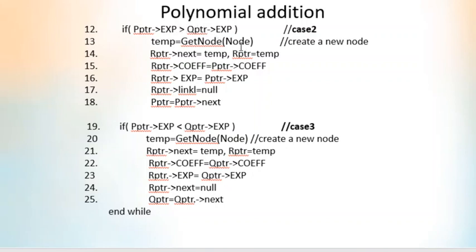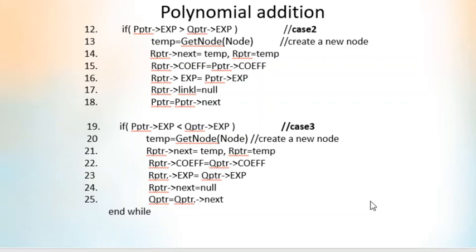In that case, create a new node. We have to just duplicate the p pointer's node and add it to the resultant linked list. The next case is if p pointer exponent is less than q pointer exponent. In that case, you can duplicate a node of q pointer and just add it to the resultant linked list, and you can advance the q pointer to the next node.